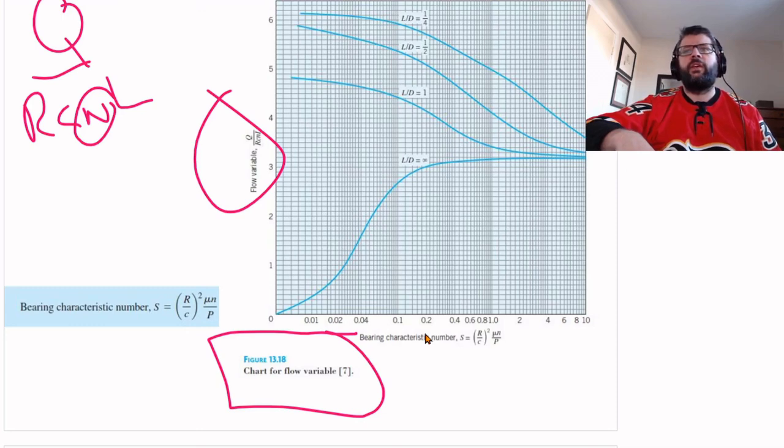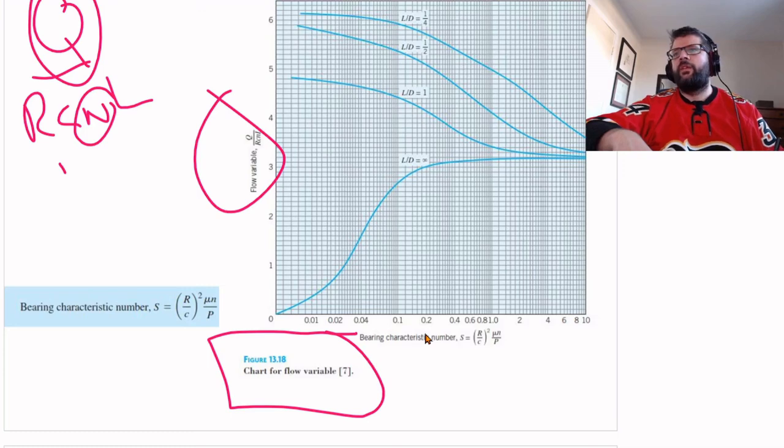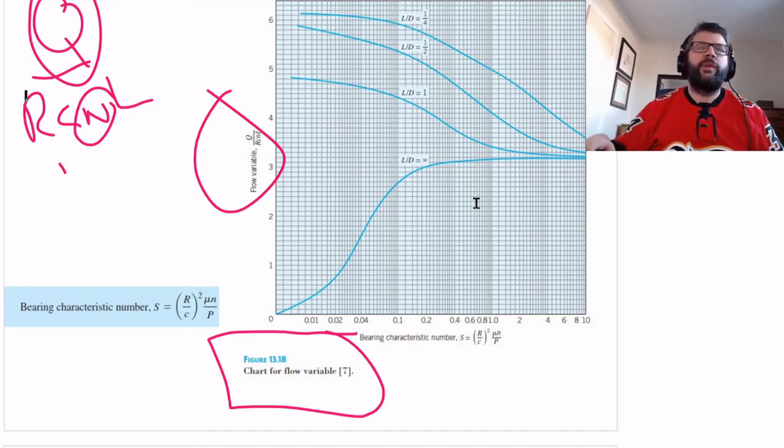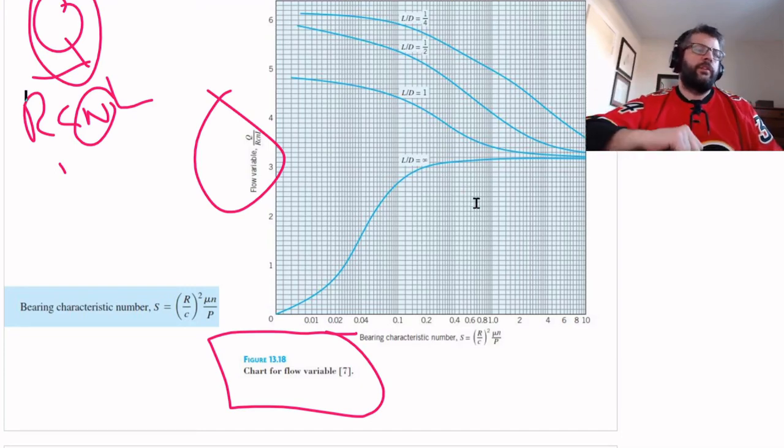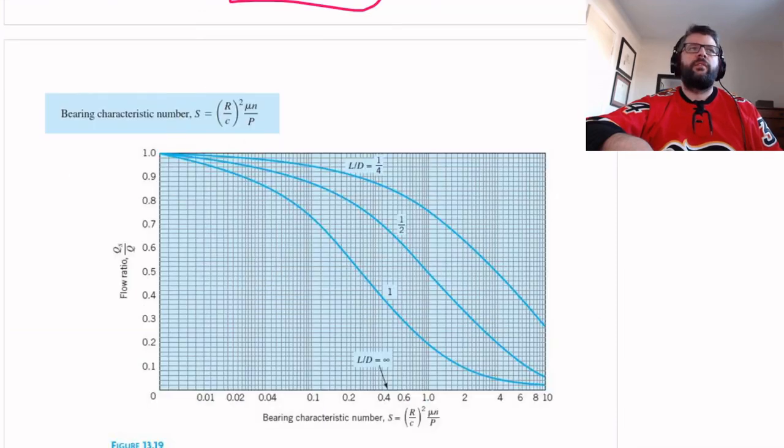That gives us a volumetric flow rate, and up top, a volumetric flow rate. So everything cancels out nicely. This is basically how much hydraulic fluid is flowing in to form the wedge based upon our characteristic number and the bearing geometry, of course.